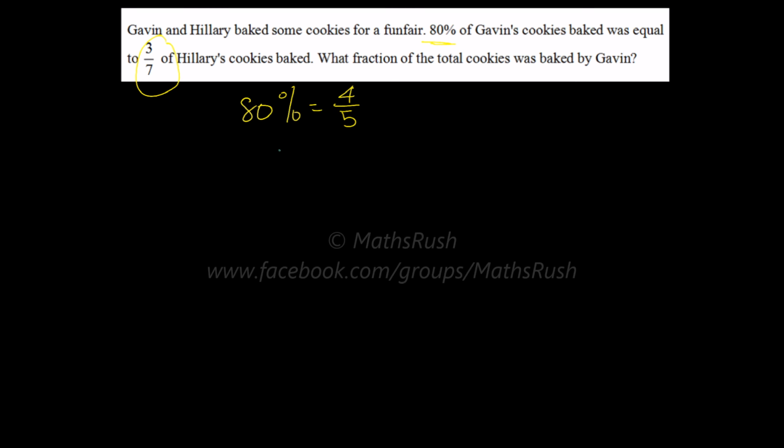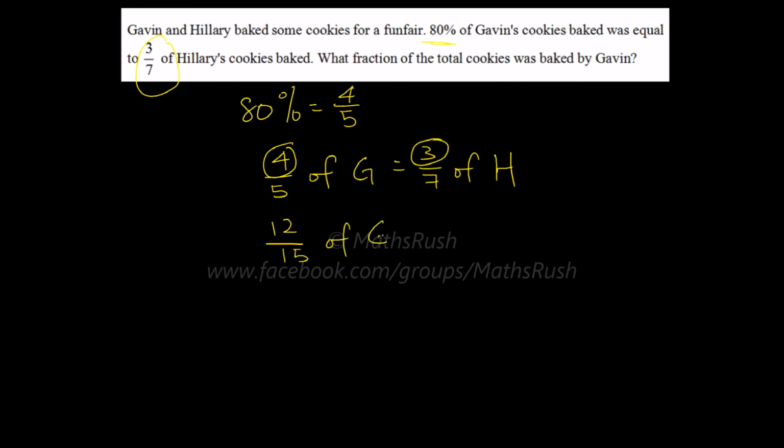What we do here is simply translate this statement into a mathematical statement. Then what we're going to do is make the numerator the same. On the left side I need to multiply by 3 to make it 12, because the common numerator will be 12, and on the right side I have to multiply by 4.